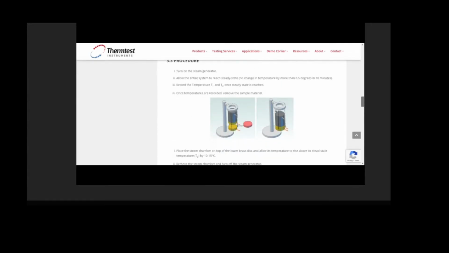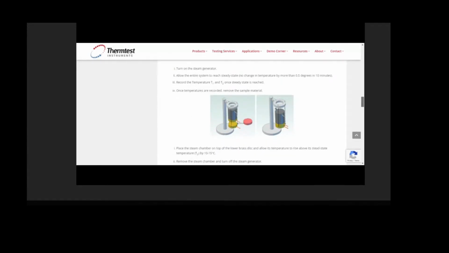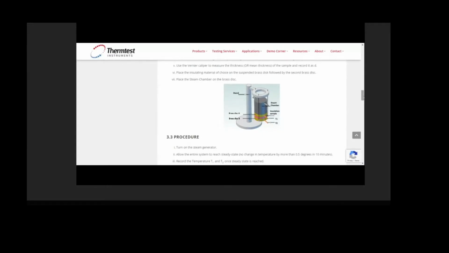Anybody? Let's go. What change would you experience if you have the insulated material between both discs? Sir, would it prevent the heat from transferring? Yes, you can go.